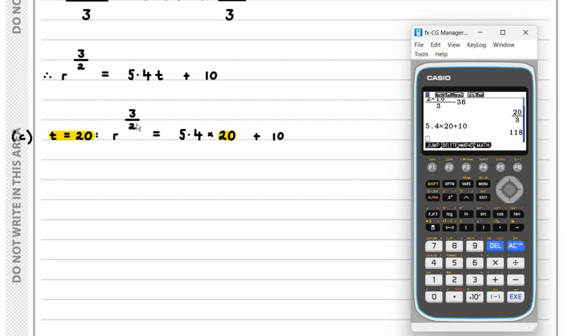So r to the 3 over 2 equals 118, meaning r will equal 118 to the power of 2/3, which is 24.057, etc. So to the nearest millimetre, r is 24.1 centimetres.